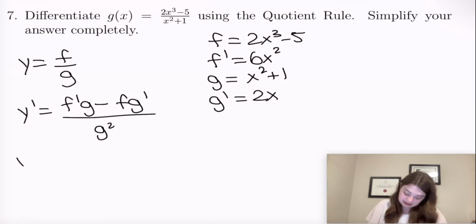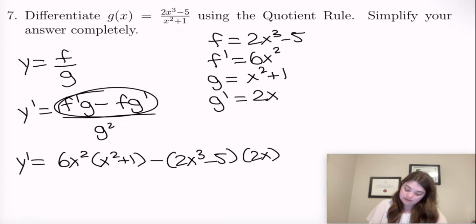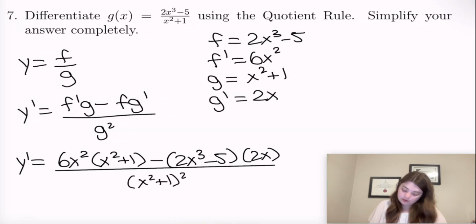So then if we plug that in here, we get 6x squared times x squared plus 1 minus 2x cubed minus 5 times 2x. So this is just me plugging in all this stuff into here. And then over g squared, so over x squared plus 1 squared.